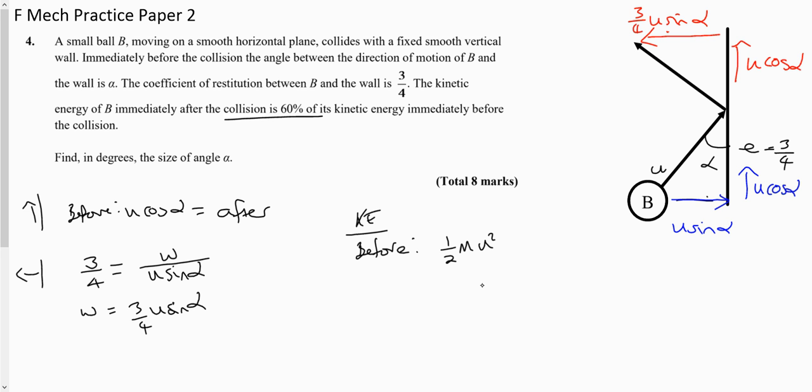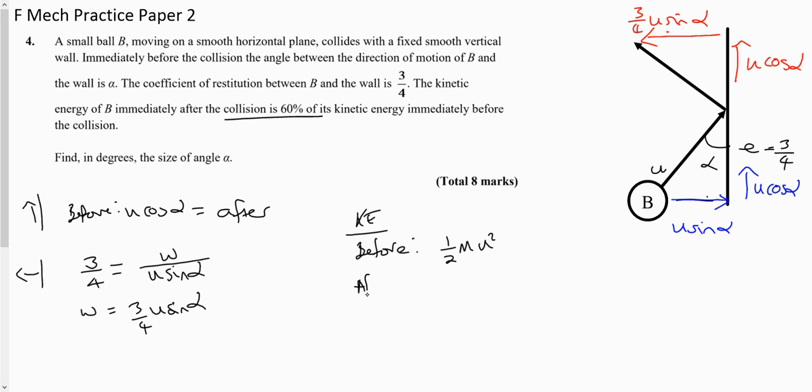Now you could, if you want, write that as a half m and use the 2 components, u sine alpha squared plus u cos alpha squared, but remember that sine squared alpha plus cos squared alpha is 1, so we're going to end up with the same anyway.